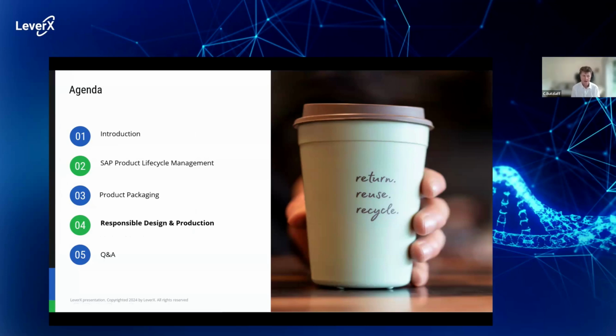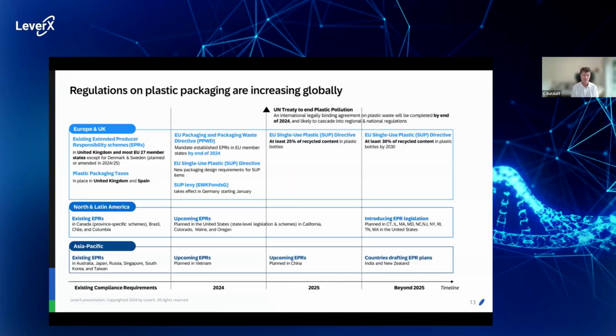Okay, so thanks everyone for attending. I want to talk about responsible design and production, which is a relatively new product from SAP as a cloud service. It's really driven by the fact that we see more and more regulations for EPR, extended producer responsibility requirements, popping up in the world.